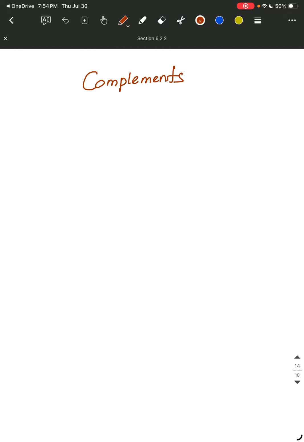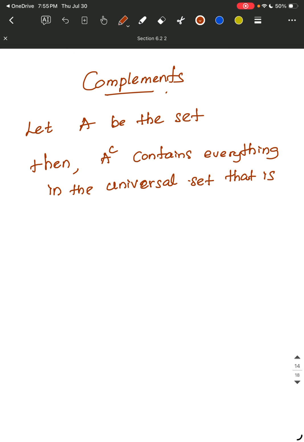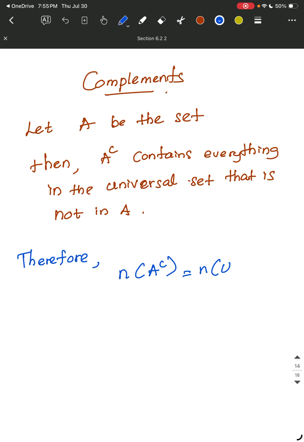Let A be the set, then A complement contains everything in the universal set that is not in A. Therefore, the number of entries in A complement equals the number of entries in the universal set minus the number of entries in set A.